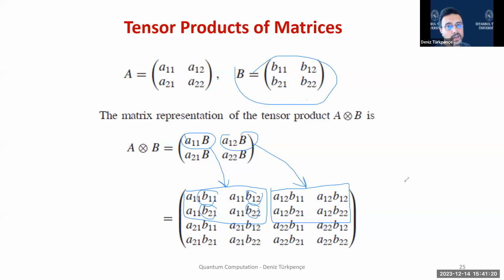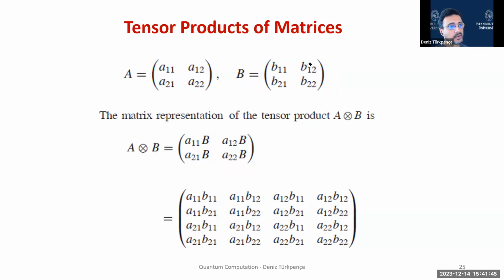Why do I have a larger matrix? Because I have a 2-qubit system. So my dimension should be larger, and the state space should be larger. And the operator that acts on the state space should also be larger, and the dimensions should match, okay? So this is the tensor product matrix multiplication representation, okay?